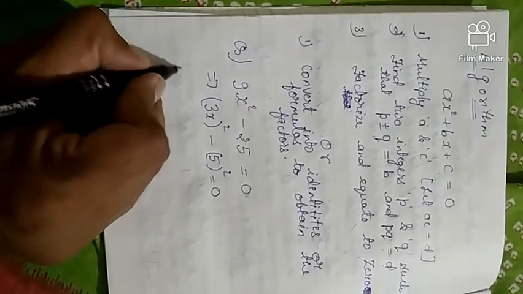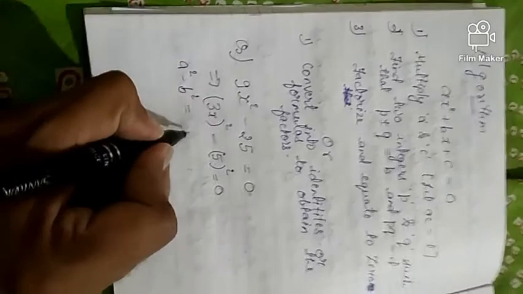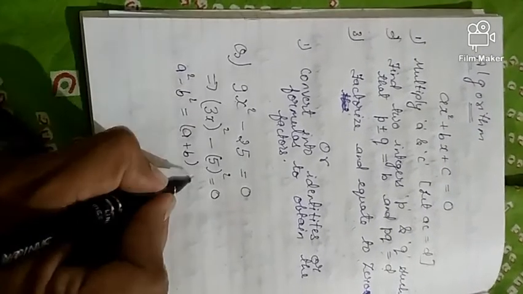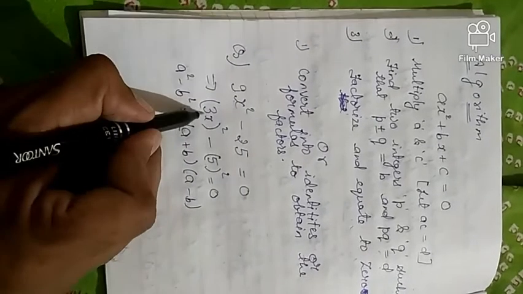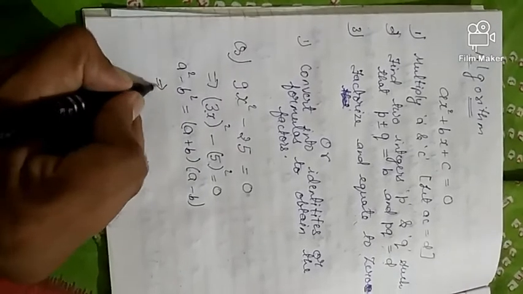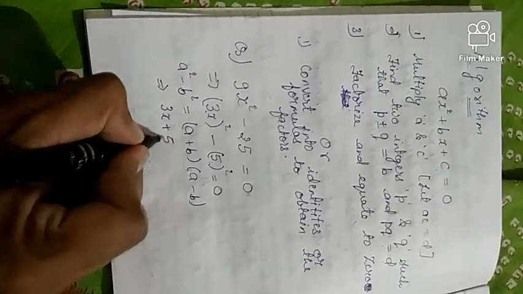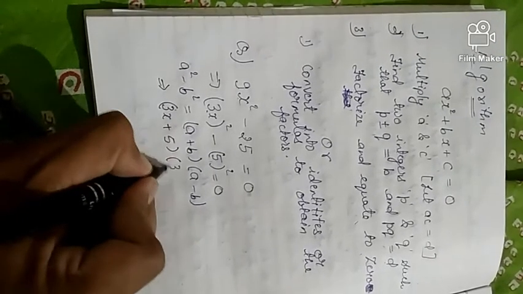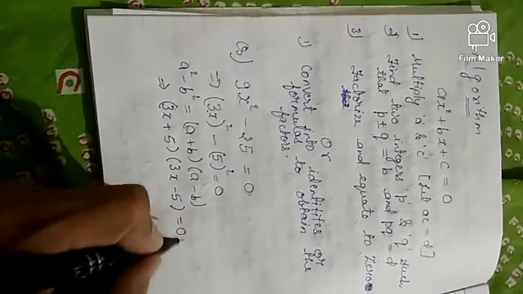Now we know that a square minus b square is equal to a plus b, a minus b. So our a is 3x and b is 5. So I can write 3x plus 5 and 3x minus 5 is equal to 0.